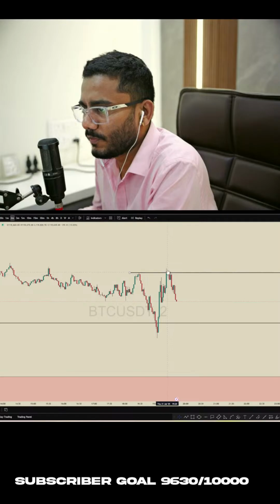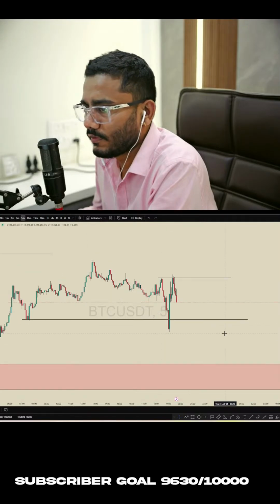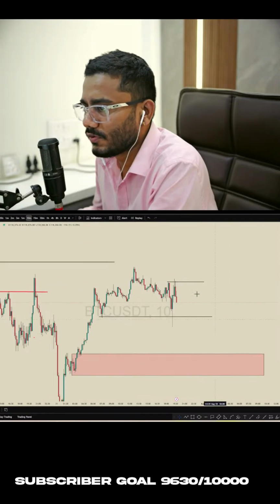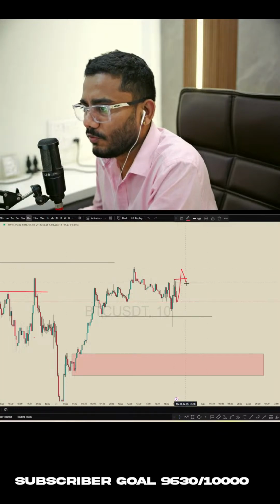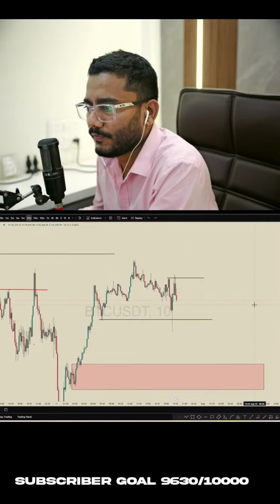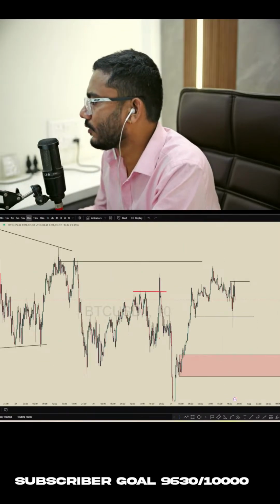Because the structure was broken by this wick, it's just a manipulation. So we'll wait for price to break this new high. Then only we'll look for a retest and buy side entry. Right now, price will just consolidate.